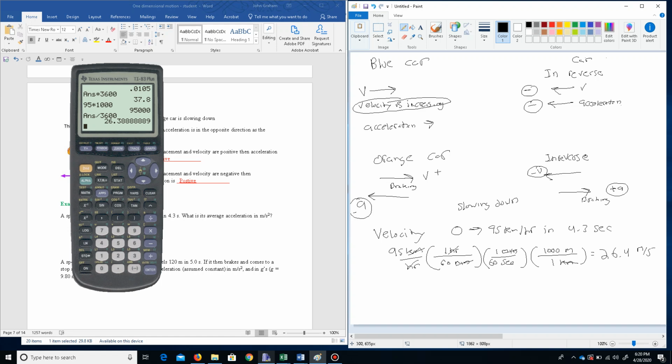Right, so the average acceleration is going to be equal to 26.4 minus 0, because it started at 0, over 4.3. So 26.4 over 4.3.